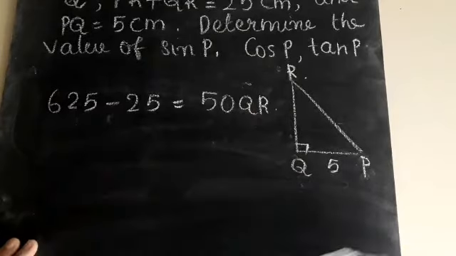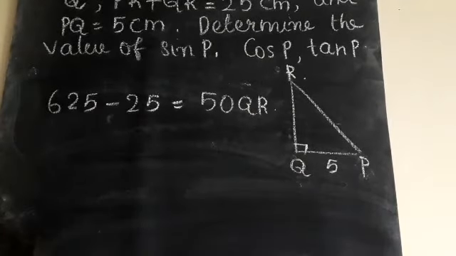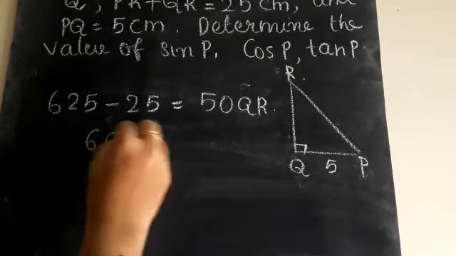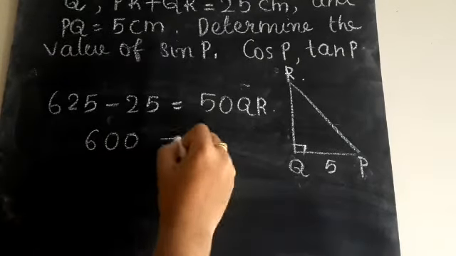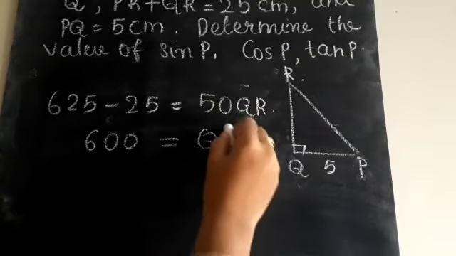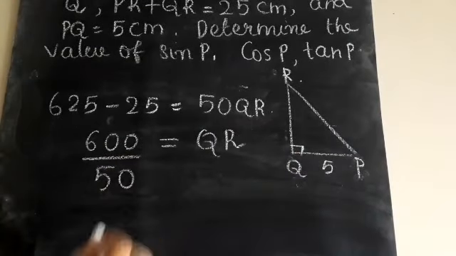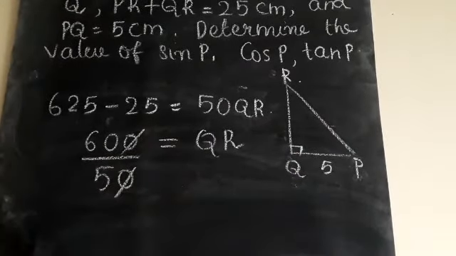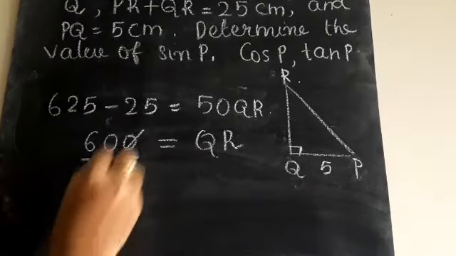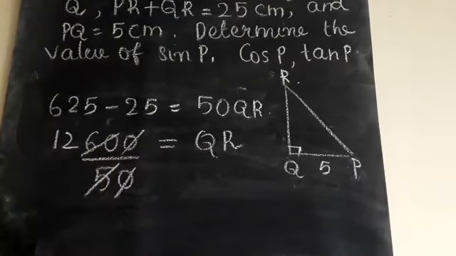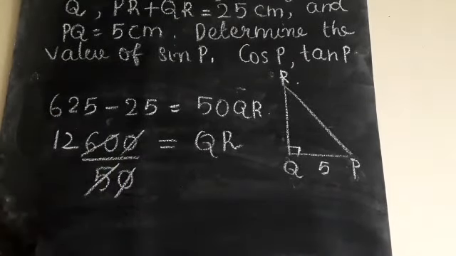Now 625 minus 25 is 600. So 600 is equal to 50 QR. So QR is equal to 600 by 50. The zeros we can cancel. It is 12. So QR is equal to 12.